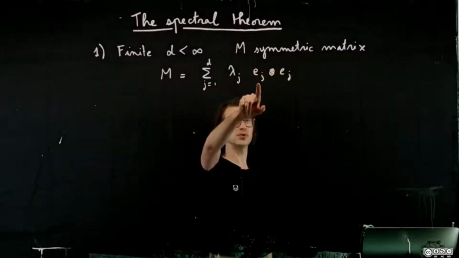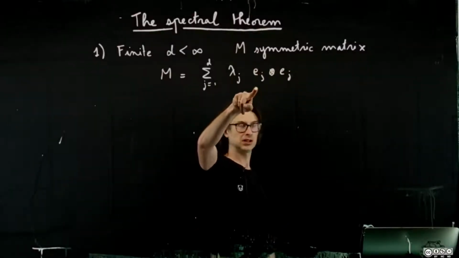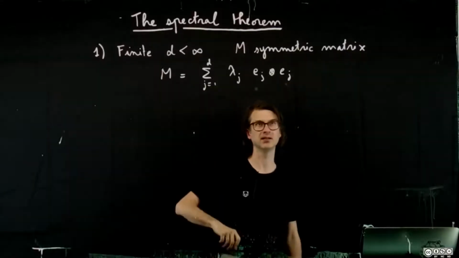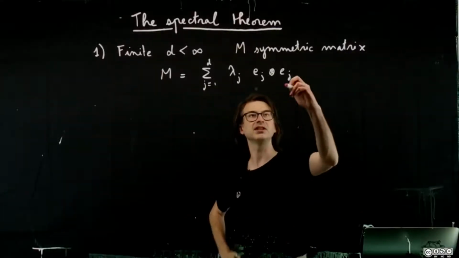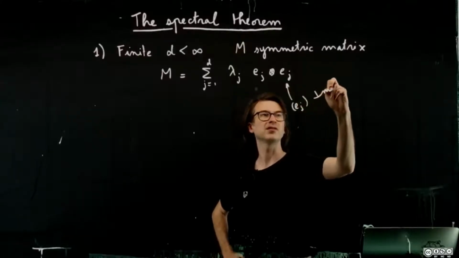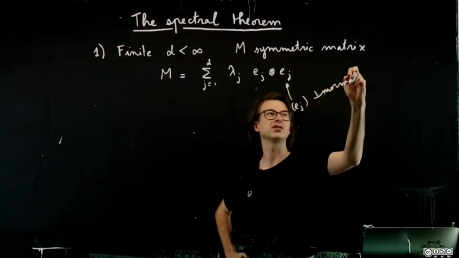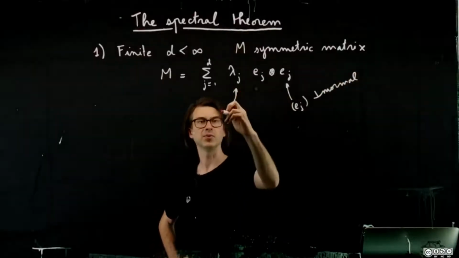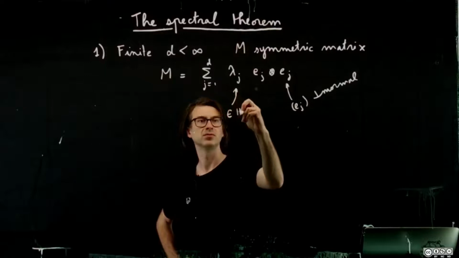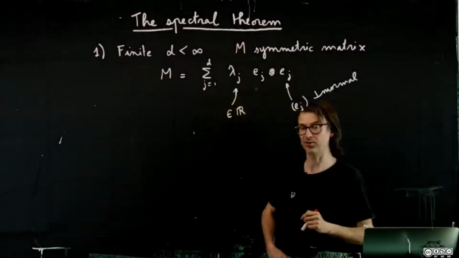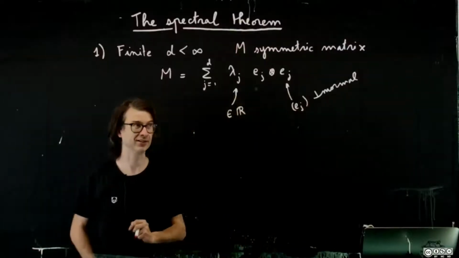So that's just the projector on the vector ej multiplied by the vector ej. Here ej is an orthonormal basis, and lambda j are real numbers. Okay, so we all know that from our undergraduate years.